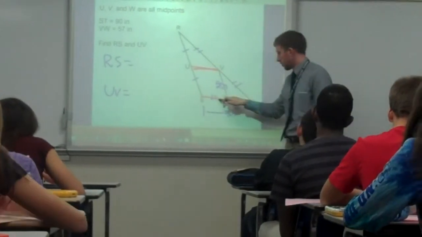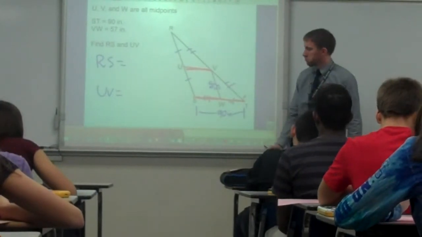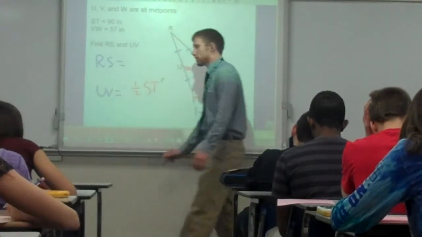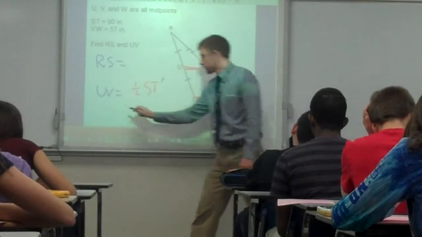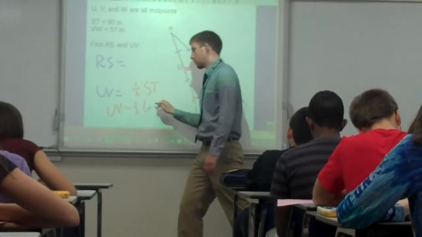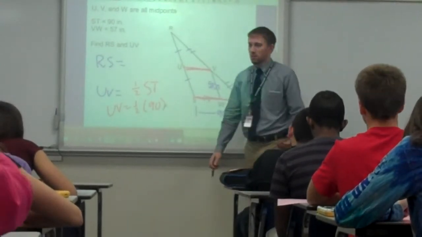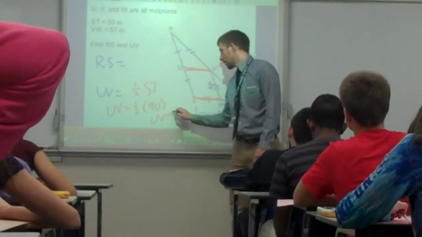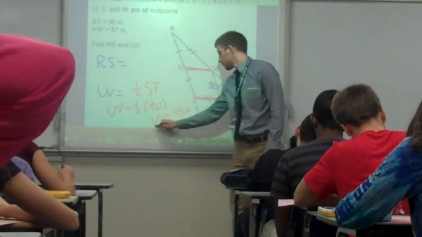That's the T. This is the whole side. So UV equals half of ST. Don't we know what ST is? Yeah, what is ST? Okay? So UV equals how many inches? 45 inches.